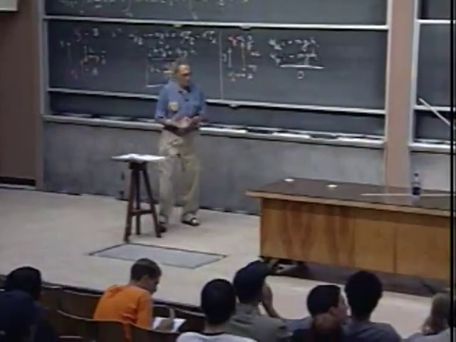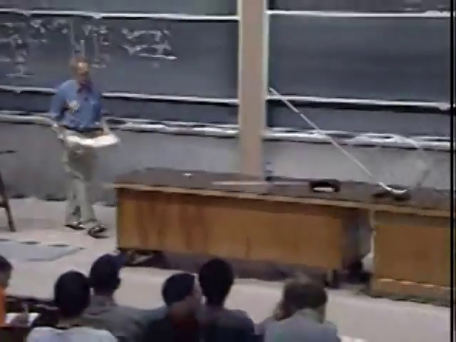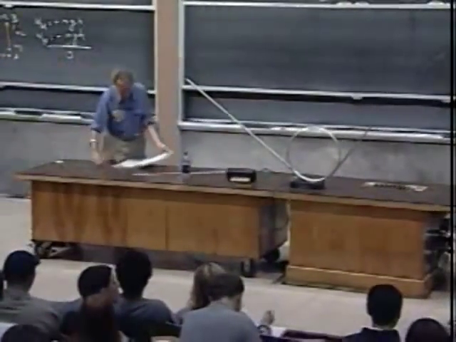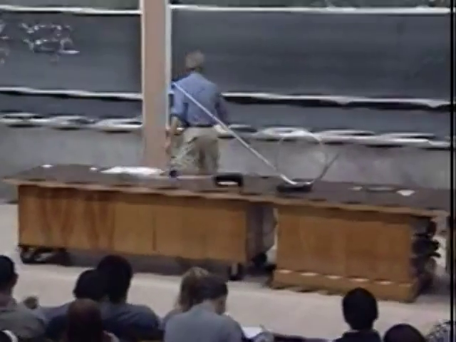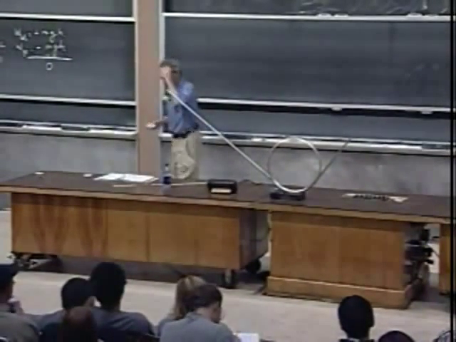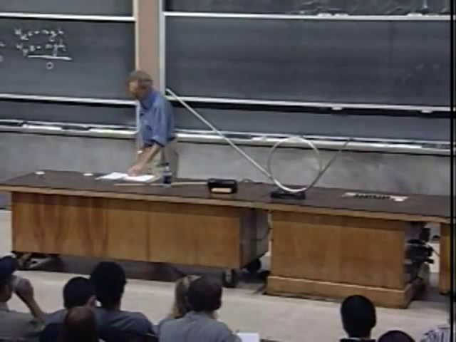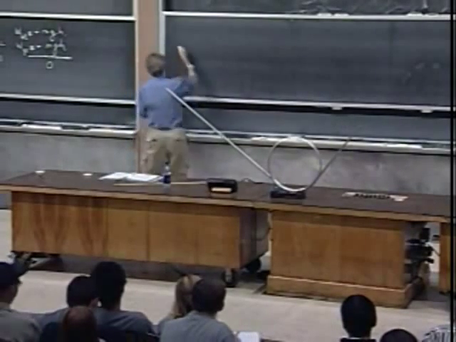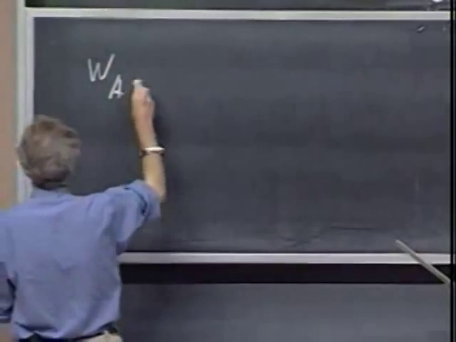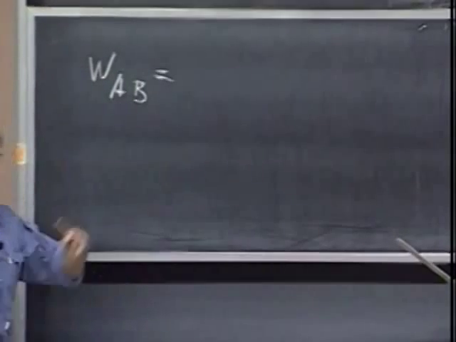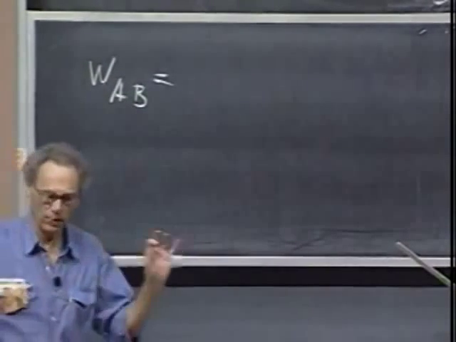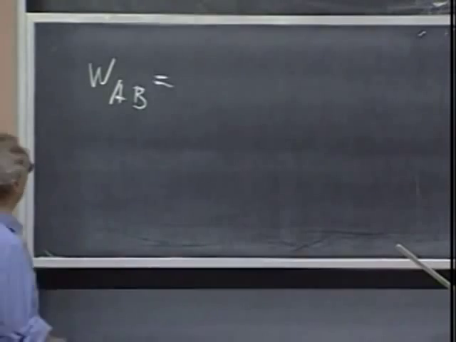Now let's go from 1 dimension to 3 dimensions. It is not very much difference, as you will see. I go in 3 dimensions from point A to point B, and I now have a force which could be pointing not just along the x direction, but in general in all directions.